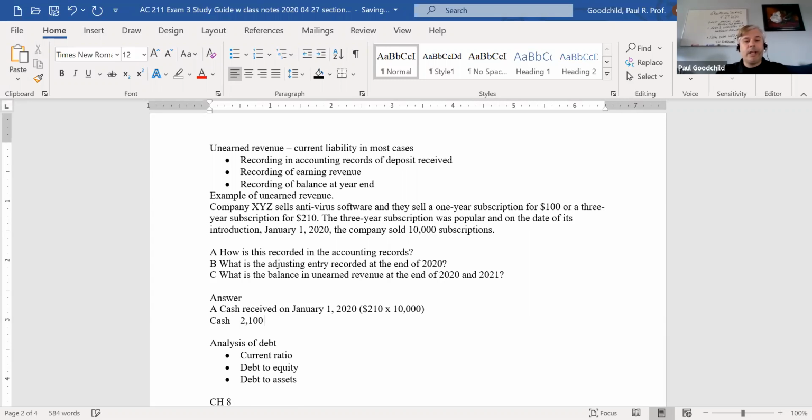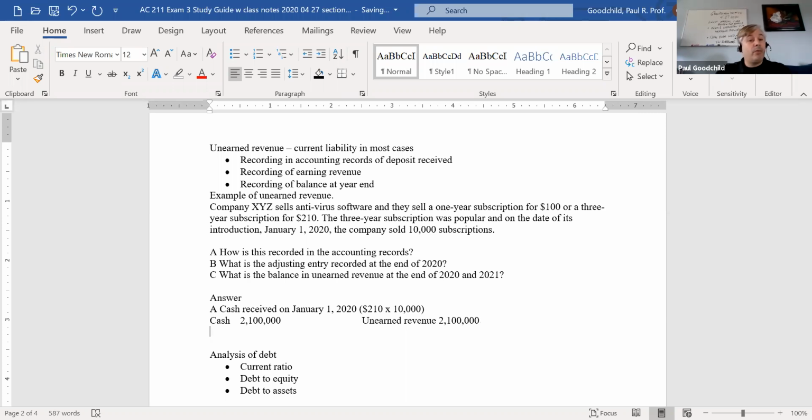So we record the cash of 2.1 million, and then under the liabilities, we record unearned revenue of 2.1 million.